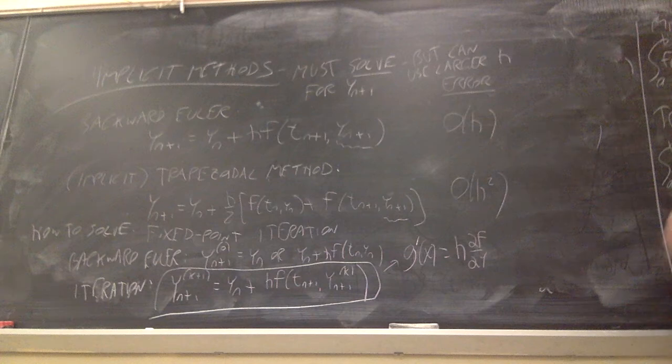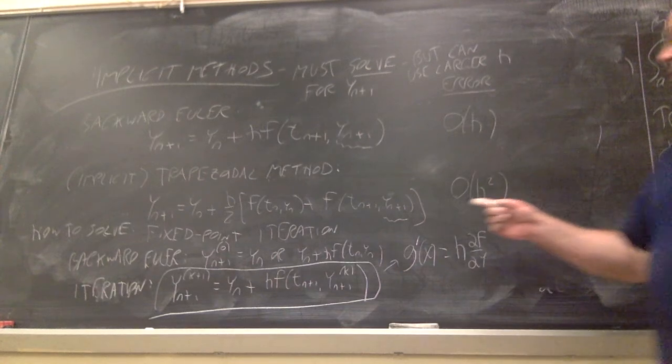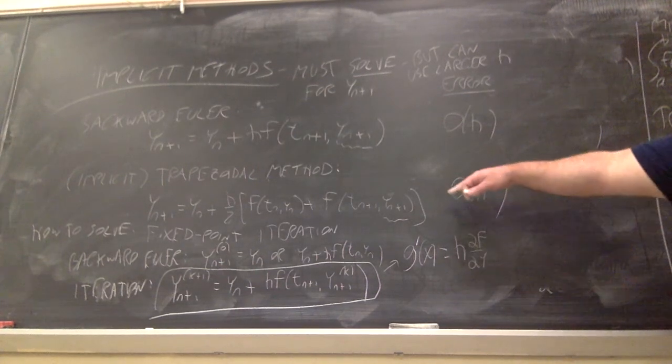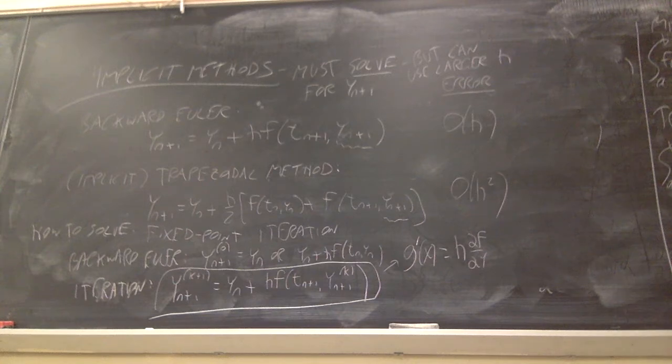And then similar for the trapezoidal method, in that case h over 2 times the partial of f with respect to y must be less than 1. So that actually gives you a little bit more leeway. You can choose h to be twice as large. And also you get second order accuracy in that case. So that's a nice bonus there.